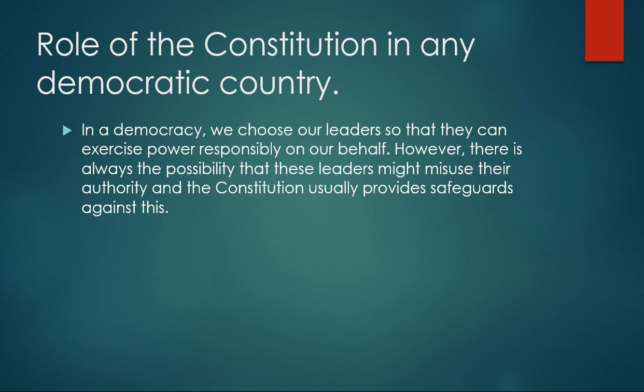Or if any person in the community is doing this kind of discrimination, other persons who are facing discrimination can go to court and complain against that particular person. So this is the first role that the constitution plays.